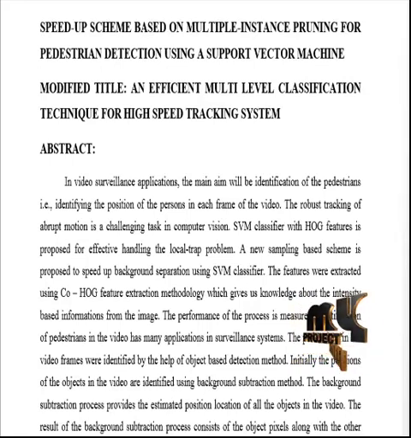The performance of the processes was measured in terms of accuracy and error rate. The pedestrians in the video frames were detected based on object-based detection methodology. First, the positions of the objects in the videos were identified using the background subtraction method.